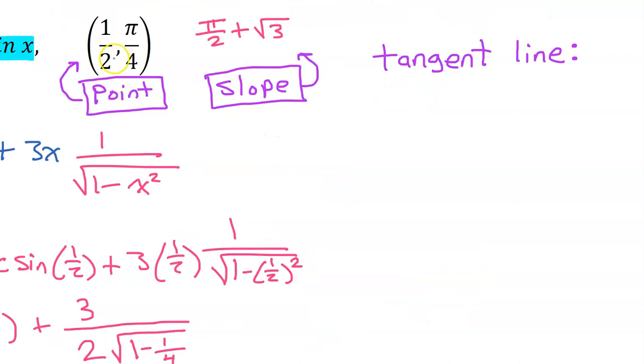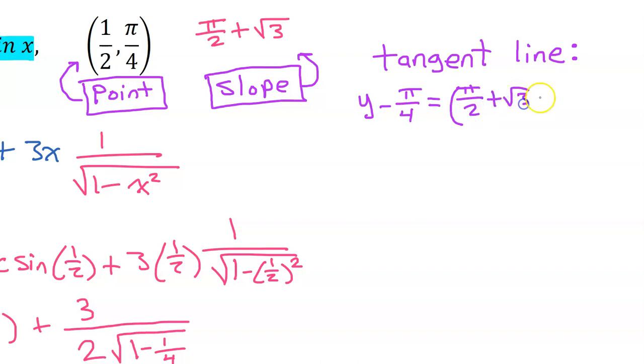Now that we have a point and the slope, we can write the equation of the tangent line. It goes like this: y minus the y value, so y minus pi over 4, is equal to the slope. So let's be careful, because this is a binomial, we are going to have to write the slope in parentheses for it to be algebraically correct.